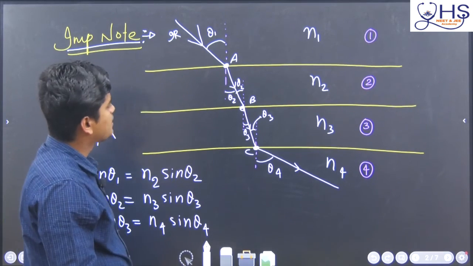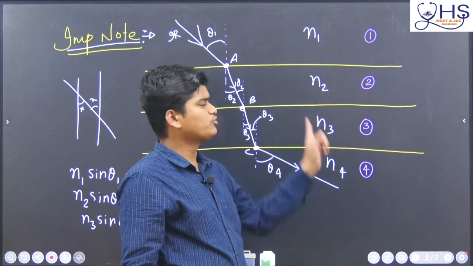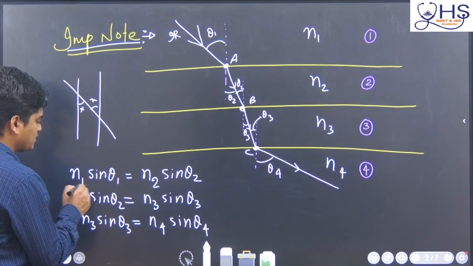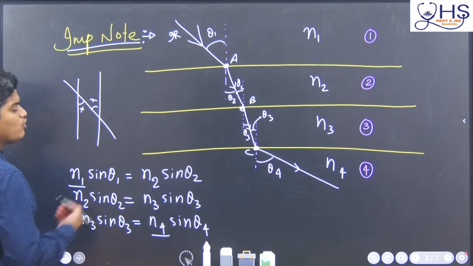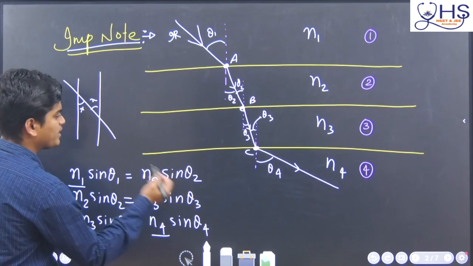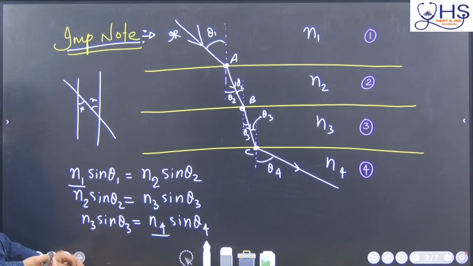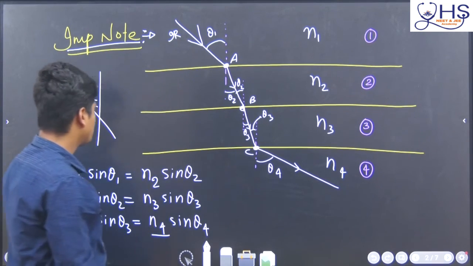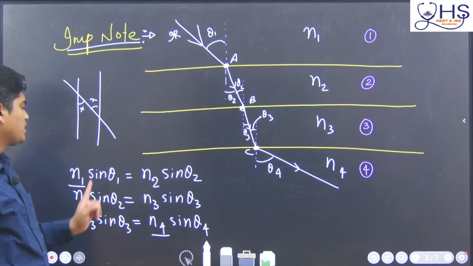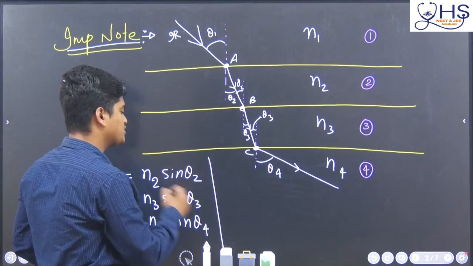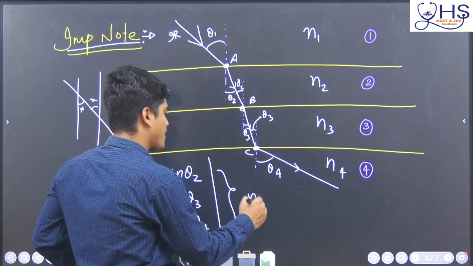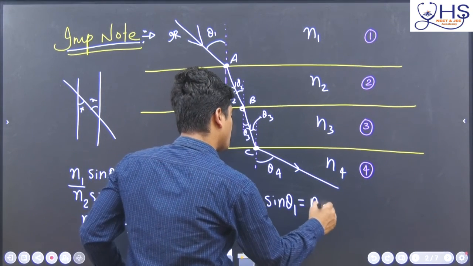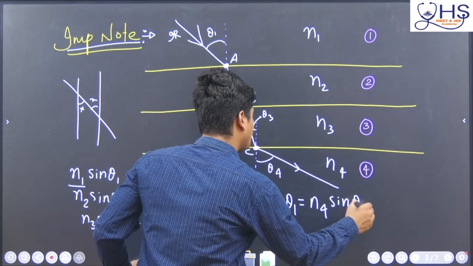Now understand, if this medium and this medium are equal, then what will happen? Now here the n1 and n4 values will be equal. Then theta 1 and theta 4 values will also be equal. So according to this, from all three equations, I can write n1 sin theta 1 is equal to n4 sin theta 4.